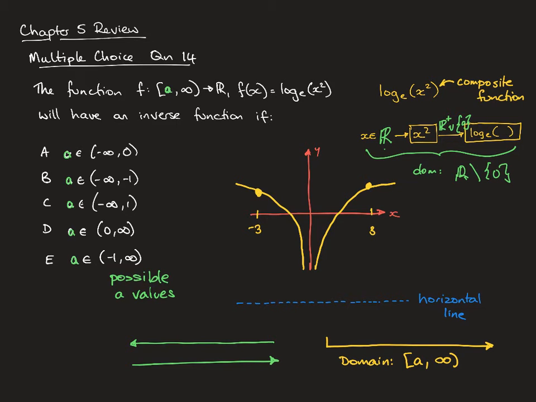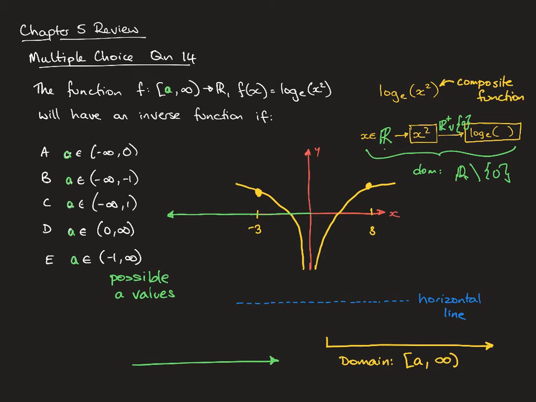And so what the question is asking us to do is to look at possible values for a. So I'm going to take possible values for a and mark them on our graph. So our first one is that a could be any value from -infinity to 0. So I'm going to lay this here. So that green section there is any of the possible values that a can have. Now, the question asks us for which of those sets of values for a could we have as the domain for our function so that it will have an inverse function.